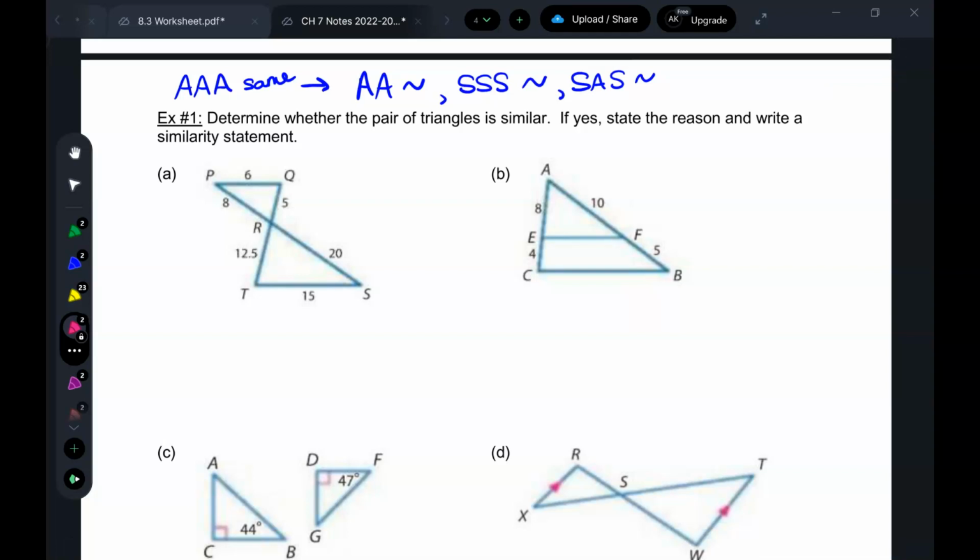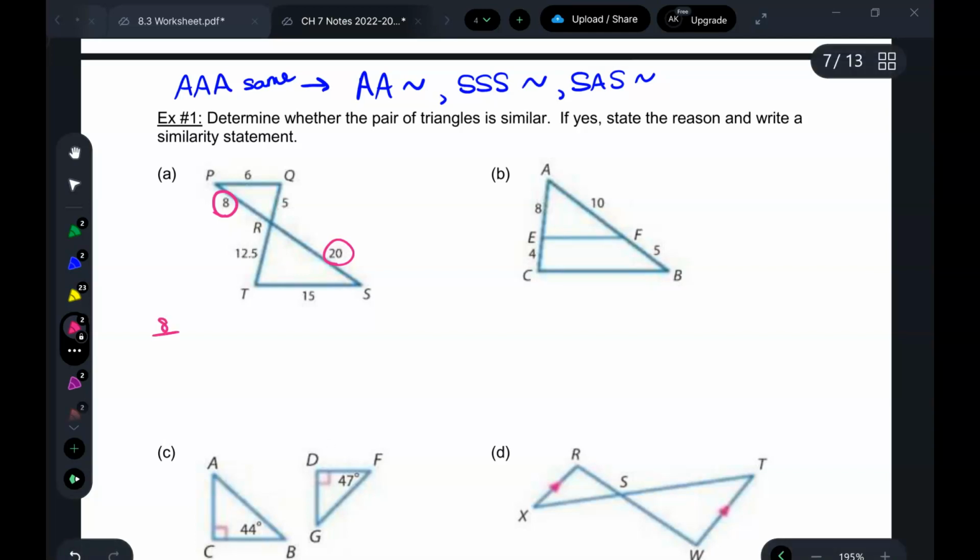Let's see, what triangles are similar? If I'm looking, all I have are the sides, right? So I know this isn't going to be angle, angle. If I'm looking at 8, what would I compare it to in the other triangle? 20. If this is the biggest side in this triangle, I have to compare it to the biggest side in this one.